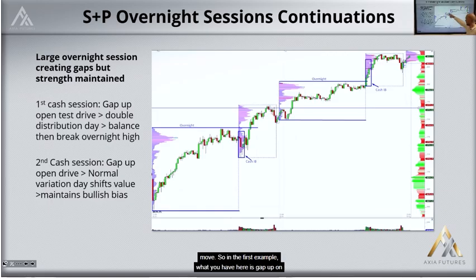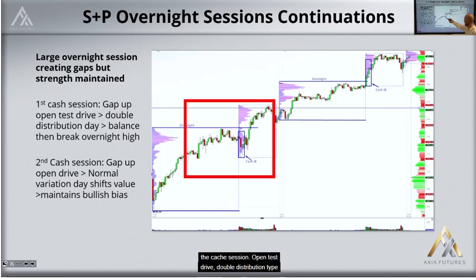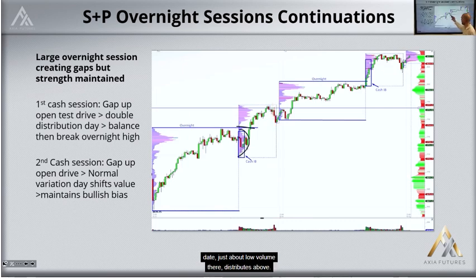So in the first example, what you have here is gap up on the cash session, open test drive, double distribution type day, just about low volume there, distributes above. And what we then have is another overnight session where we trade higher once more.